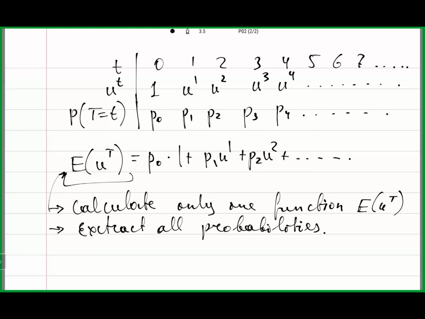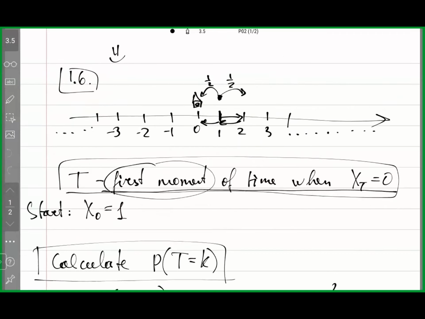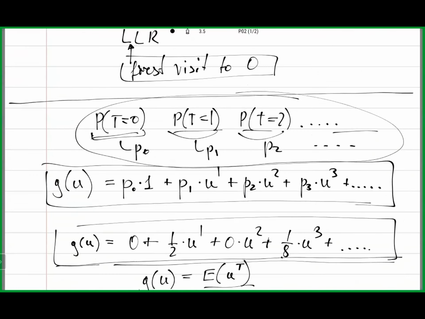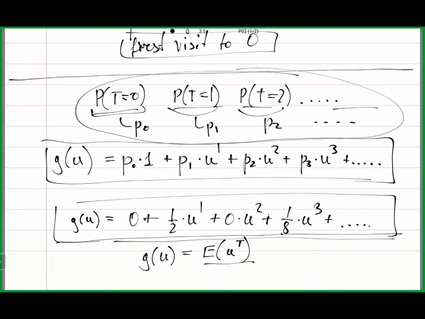So once again, what do we need to find in the original problem? We need to find many probabilities. We need to find the probability that t equals 1, the probability that t equals 2. Instead of searching for them one by one, we pack them into one function.